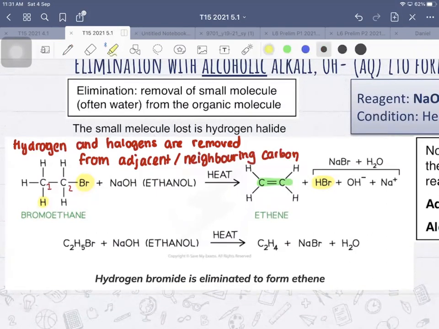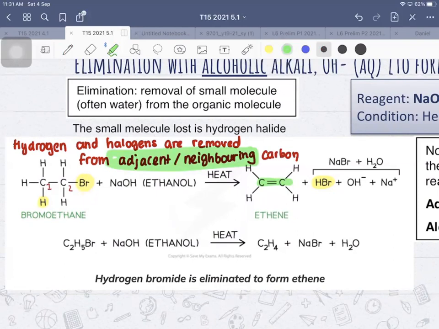Okay, so sorry, this is extremely important. And where you draw your double bond, of course, has to be from the same carbon that you have lost the atoms.